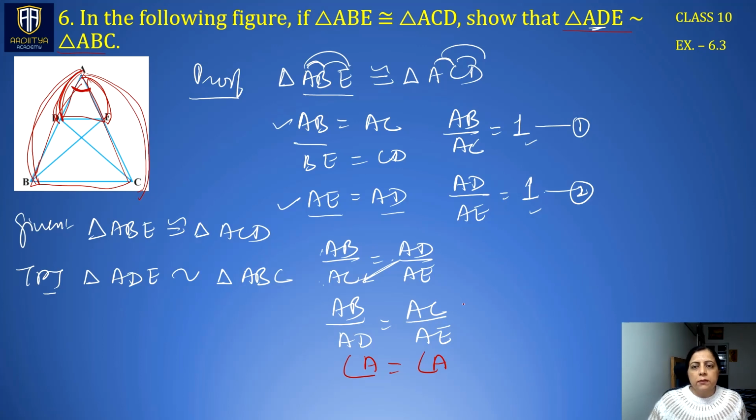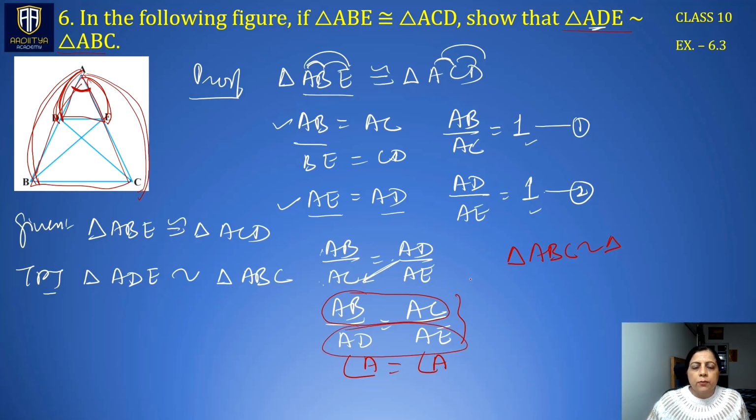So what we have done is taken the ratio of the corresponding sides of two triangles. Now how can we write the name of the triangle? We can get the name of the triangle from these three letters. AB, AC means triangle ABC is similar to triangle ADE.